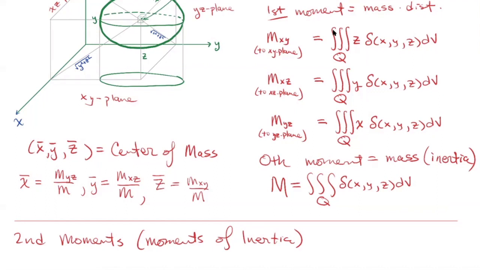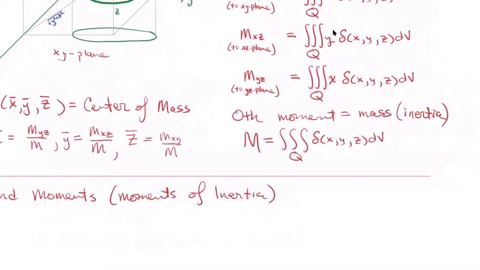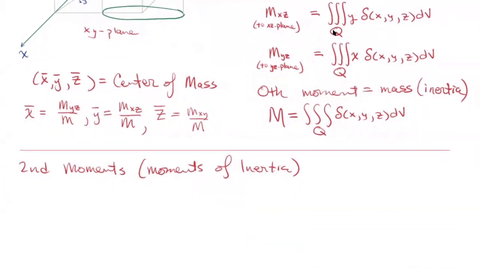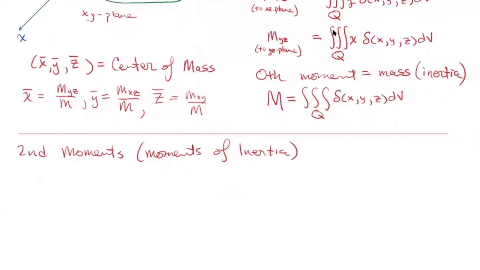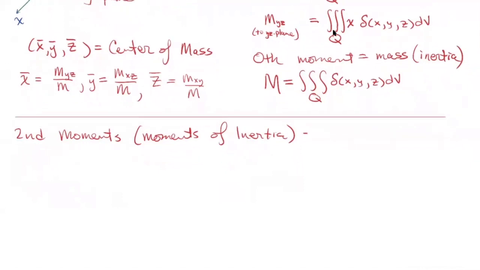The second moment, the moment of inertia, is also resistance, but not to a force, but to a torque as you try to make a rotation around an axis. If an object is resisting that force to rotate, then that's the moment of inertia causing that. Okay, so the second moments, remember, are always mass times distance squared.